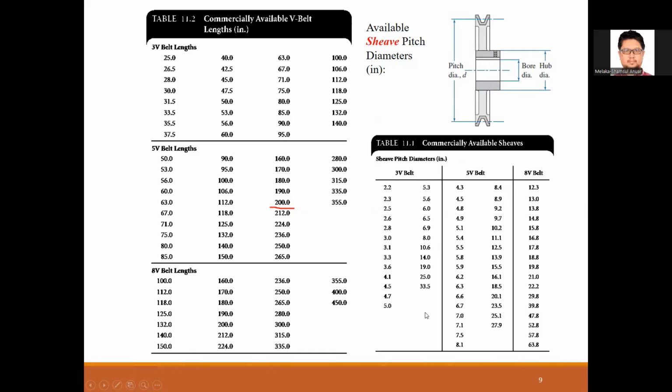Same as the sheath, you only look in the 3V category. Okay, so selecting is done by a few SOP or procedures. Okay, so these are what is available off the shelf, and depends on the manufacturer.